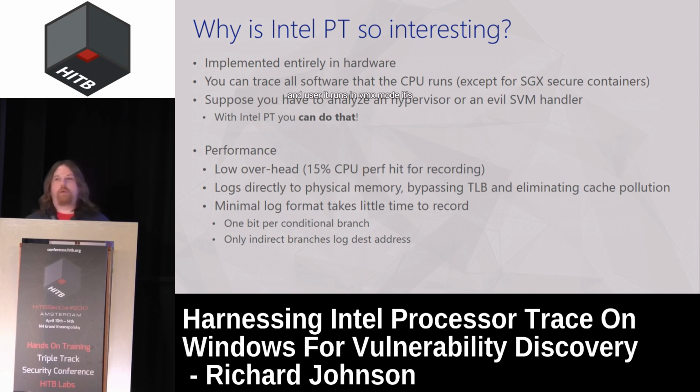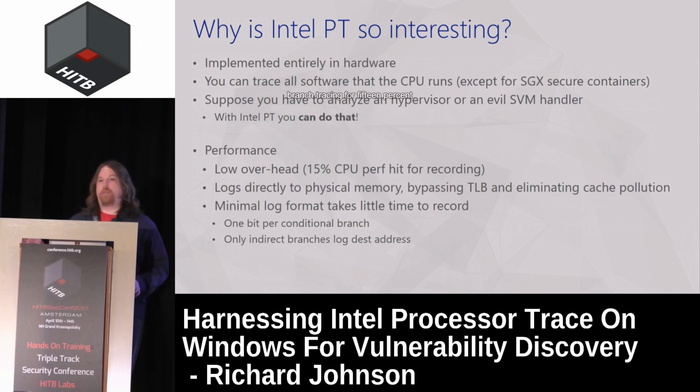It's available in VMX mode. No hypervisors actually expose this feature yet, but we're working on that. As of last week, it works. But most importantly, the performance is really good. The overhead that you see with this is 15% to cover everything going on in your system.